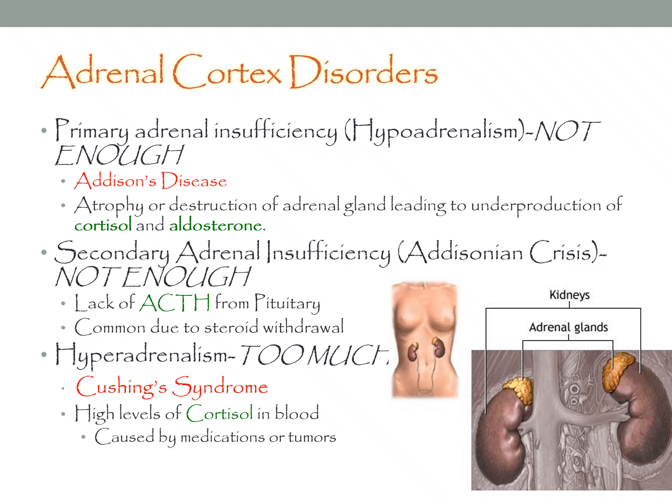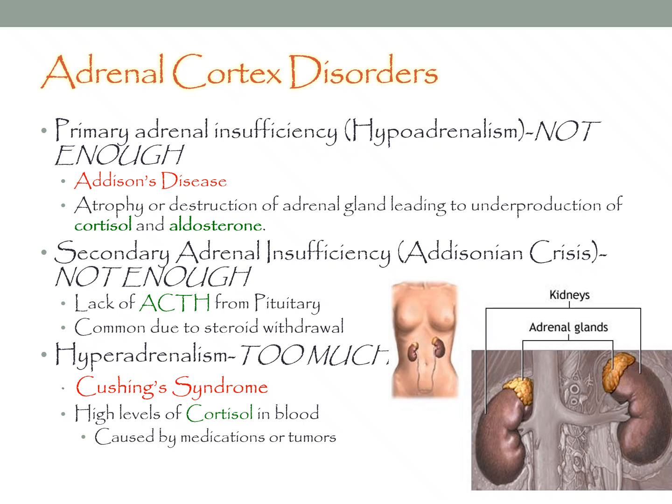Primary simply means that the problem is with the adrenal gland itself, right? And secondary means the problem comes before the adrenal gland, meaning there is not enough hormone coming from the pituitary to encourage the adrenal glands to create their hormones.